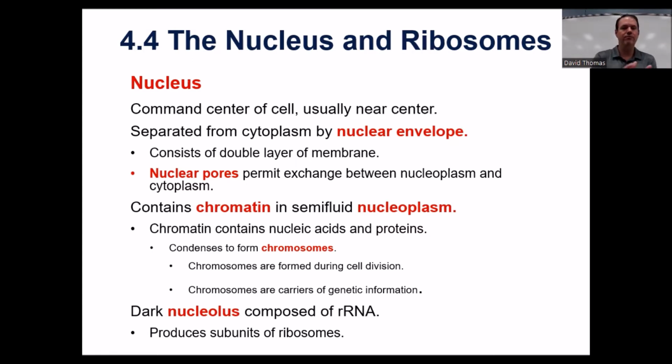When it goes through cell division, chromatin will eventually condense, shorten, and thicken, and it forms what we call chromosomes. You've probably heard of chromosomes before. Chromosomes are just structurally a little different. It's the same composition. Chromosomes have DNA, chromosomes have protein, but they're a thicker, shorter, more condensed version of chromatin.